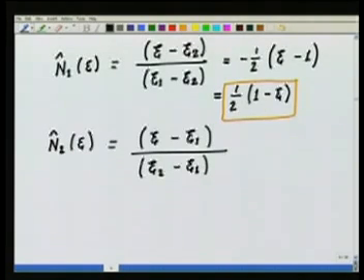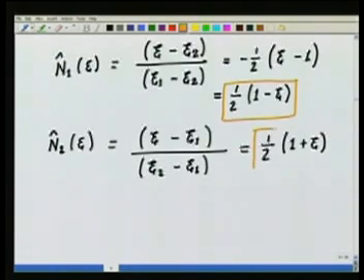Now psi 1 for us is equal to minus 1, and this is equal to 2, so it becomes half of 1 plus psi. So the second shape function and the first shape function can be defined using exactly the definition of the Lagrange polynomials, but applied to the master element.